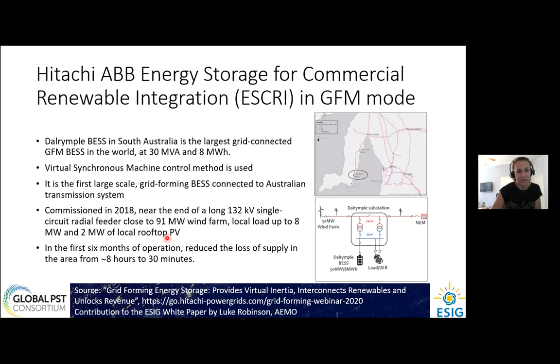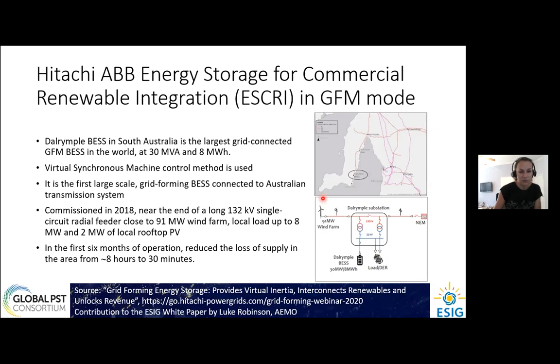It was commissioned in 2018. It's near the end of the long transmission line that connects this part of the grid to the rest of the South Australian grid. It feeds a small load here, and towards the end of this radial feeder, there is also a 91 megawatt wind farm.